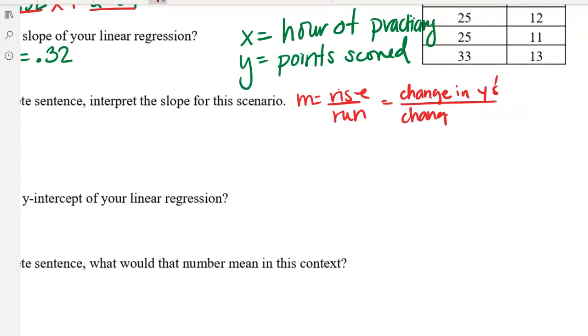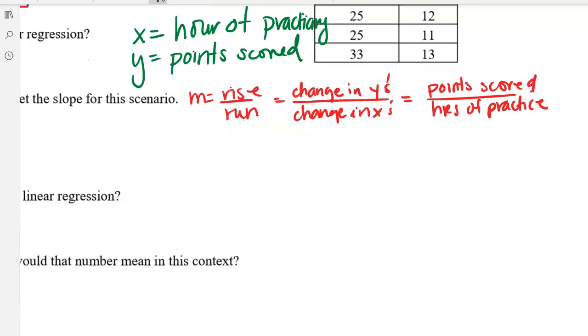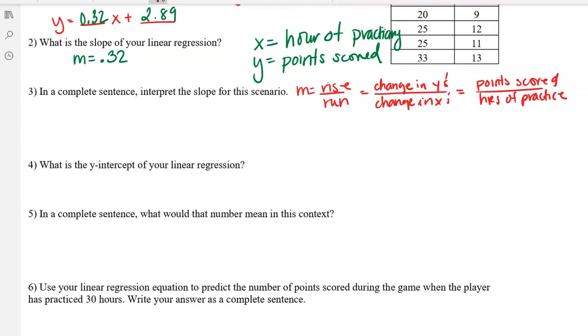X. Okay. Well, Y represents what? Point score. What does X represent? Hours what? Yep. Perfect. Hours spent practicing.